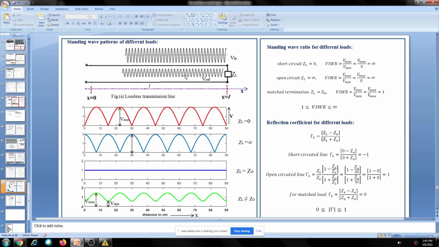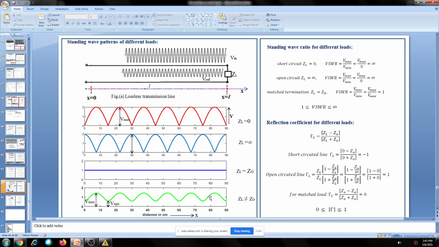Maximum reflection will be there in such a case. So people measure the VSWR and they come to know whether ZL is matched with the transmission line or not. That's why it is a very important parameter, and it is a ratio of V max divided by V minimum. No reflection means it will be 1.